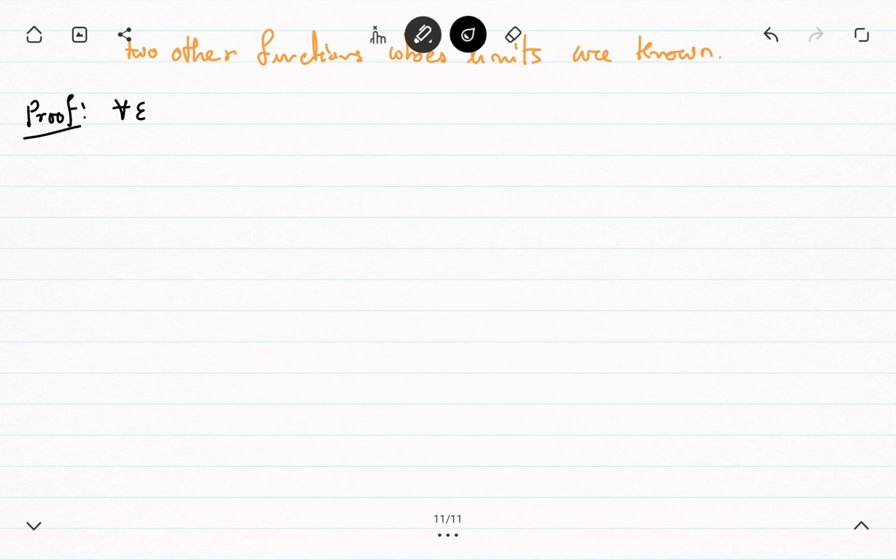We'll use that argument: for every epsilon positive there exists a real delta positive such that for all x with this condition, or you can write it as.